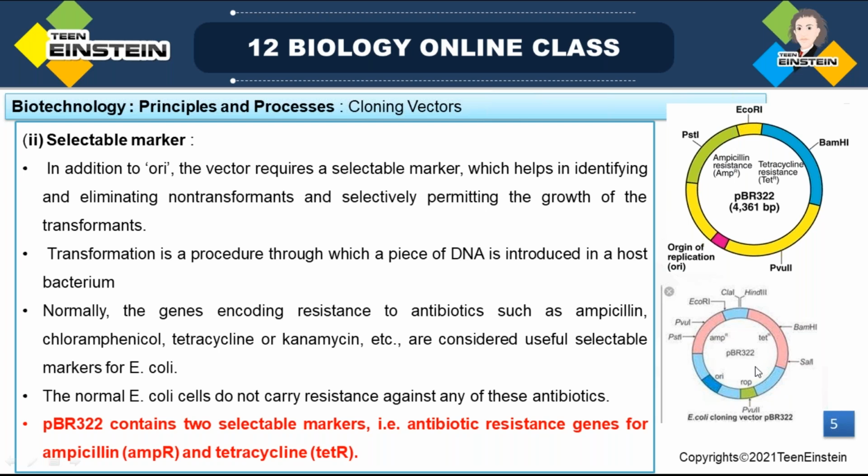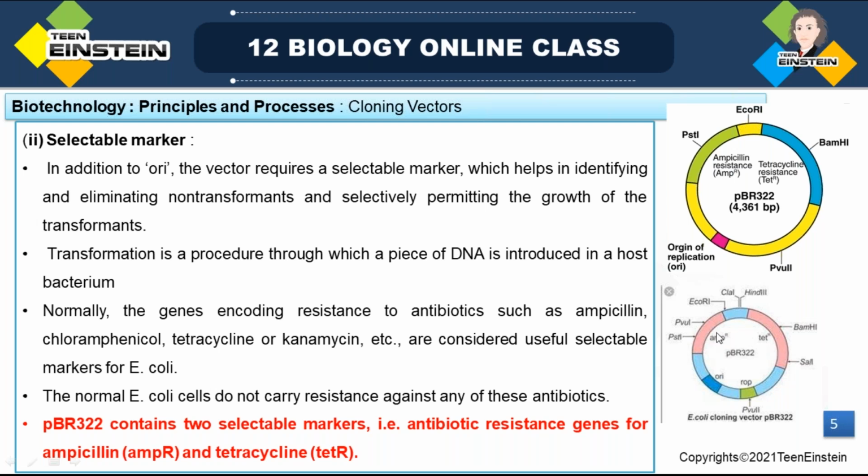Okay. And here you can see tetracycline here. Tetracycline, this is the selectable marker. Here you can see tetracycline resistant, TetR, and ampicillin resistant.